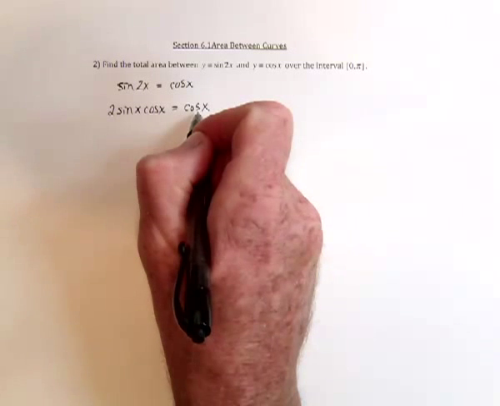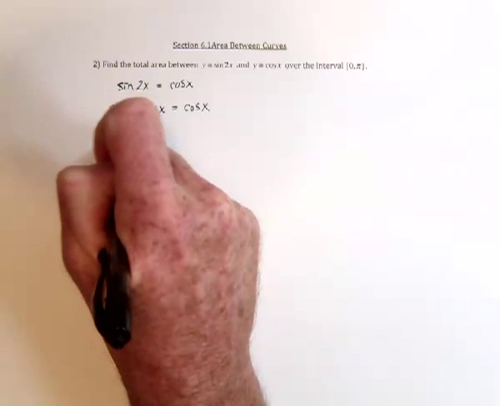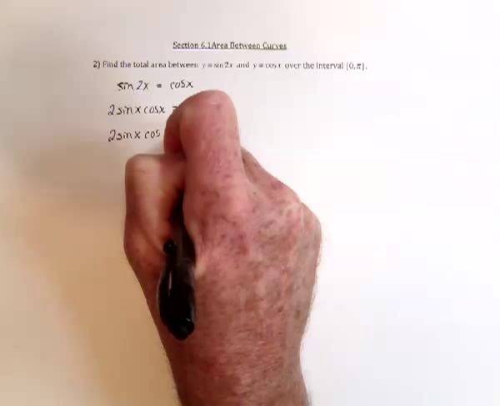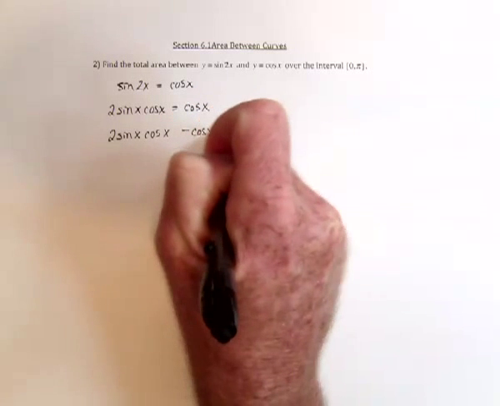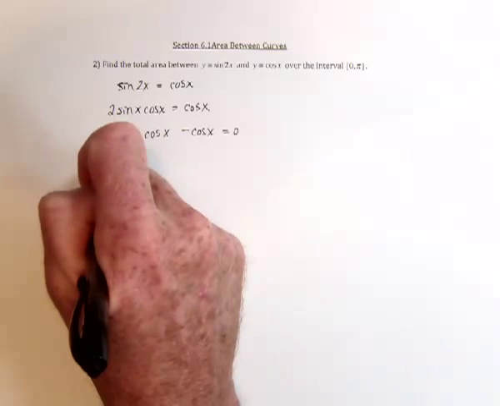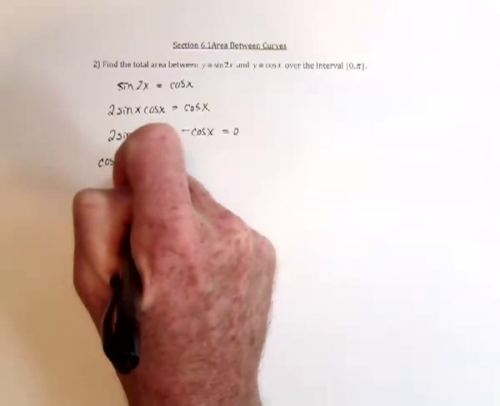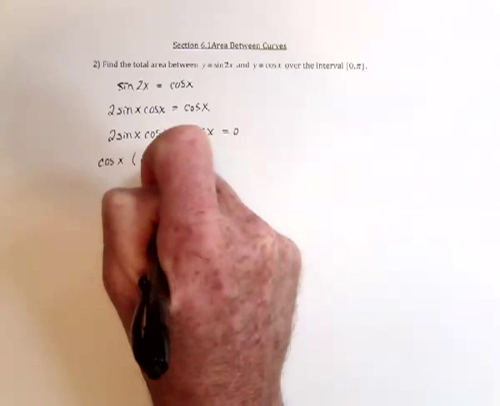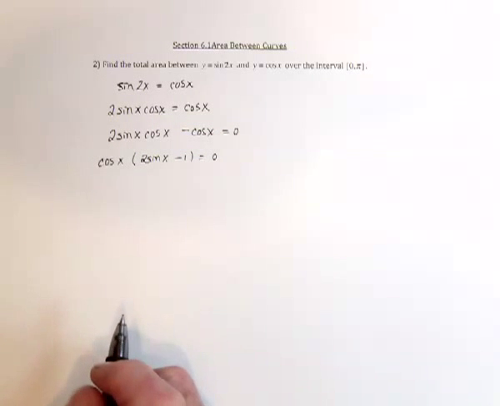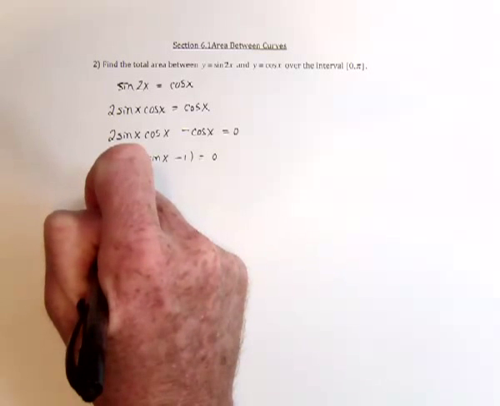So instead, move this cosine to the left-hand side. And then factor out the cosine. Once it's factored, set the factors equal to 0.